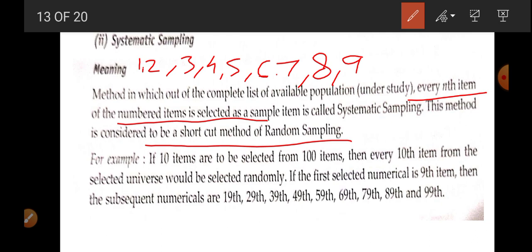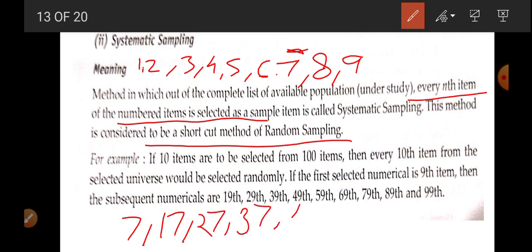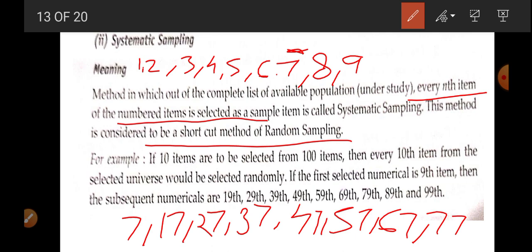Now I'm going to close my eyes and put a pencil. So suppose 7 is the number. Now I'm going to follow the systematic way: 7, 17, 27, 37, 47, 57, 67, 77, 87 and 97.